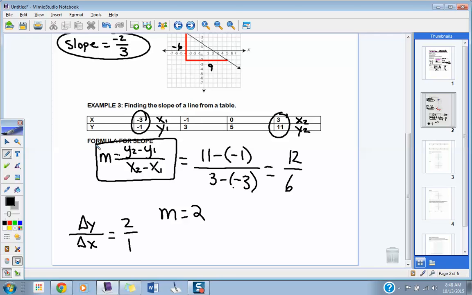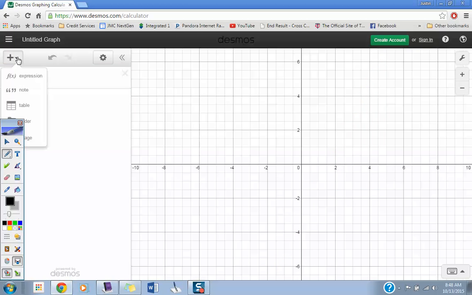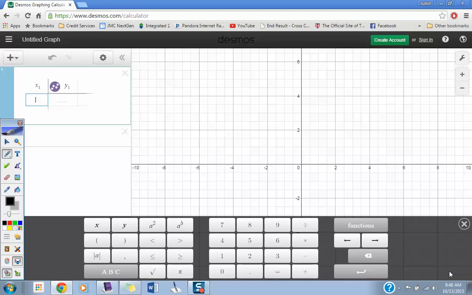And check it. The thing I like about decimals is this. What was the first point we input? Negative 3, negative 1? And there's that point. And then the second point was 3, 11, wasn't it?